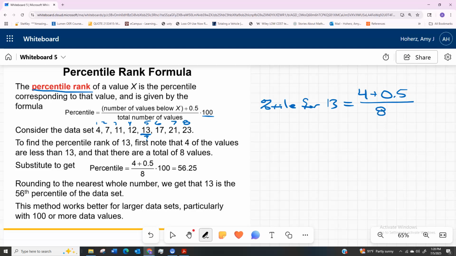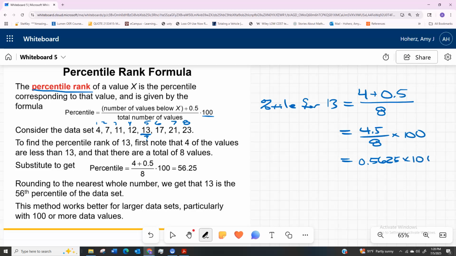And so we're going to compute 4.5 divided by 8, and then multiply that by 100. So 4.5 divided by 8 would give us approximately 0.5625. In fact, I think it comes out to be exactly 0.5625.